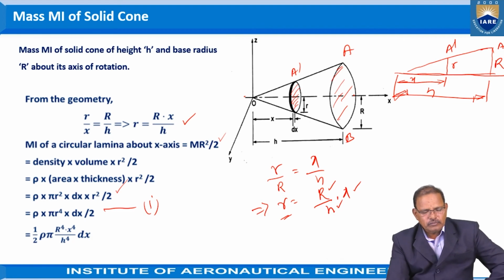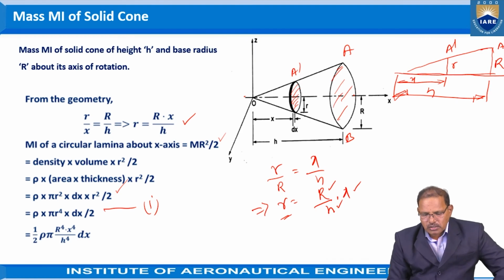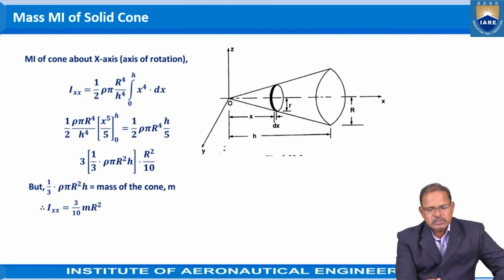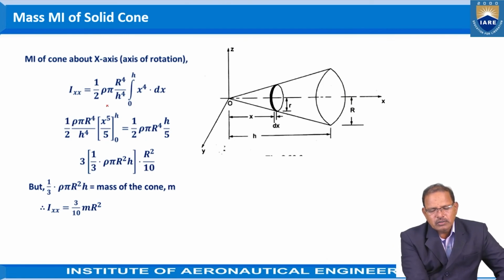Then the mass moment of inertia of the entire cone about the x-axis is given by integration from 0 to h of 1 by 2 into rho into pi into R to the power of 4 by h to the power of 4, x to the power of 4 dx, which is equal to 1 by 2 into rho pi R to the power of 4 divided by h to the power of 4, x to the power of 5 by 5.